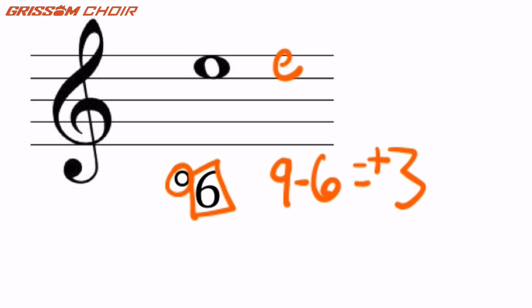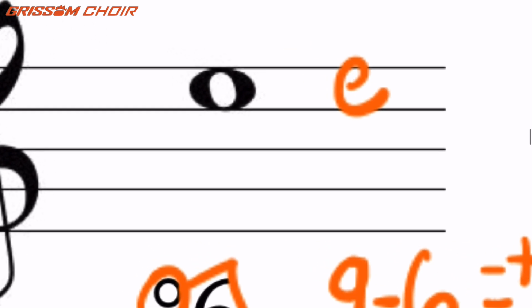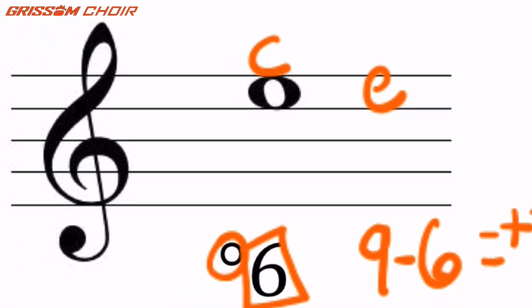So we write an augmented third above this E. That is going to be some sort of G, because E will be 1, the next line above will be 2, that F, and then 3, that top space, is a G.